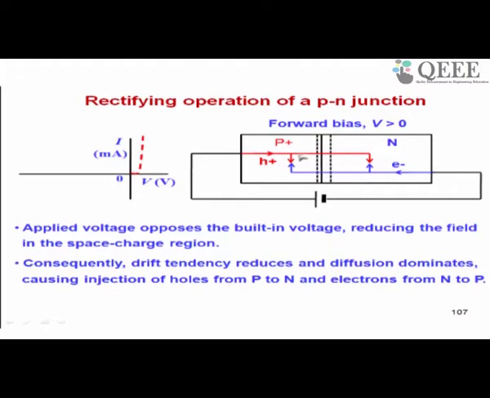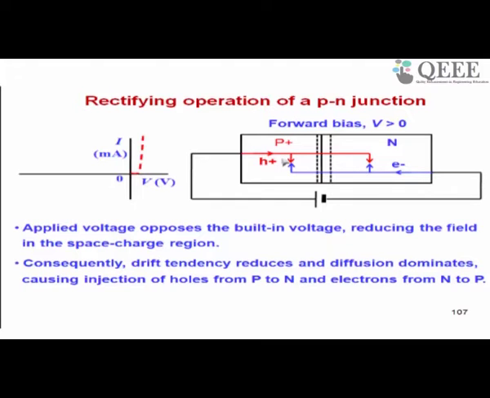So that is what is shown by this arrow. So the positive contact is supplying holes which are getting injected into N region and recombining with electrons there, which are injected from the negative contact. This contact is also injecting electrons in the P region, which are recombining with holes here.